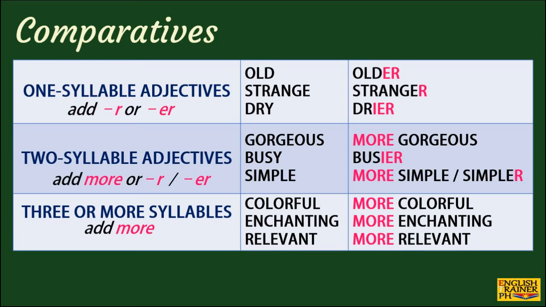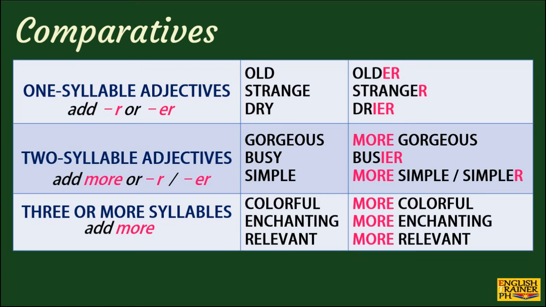So busy becomes busier. However, for some adjectives like simple or gentle, we can use both. We can add more or we can add r. More simple or simpler. But there are only a few adjectives that make use of both more or er.